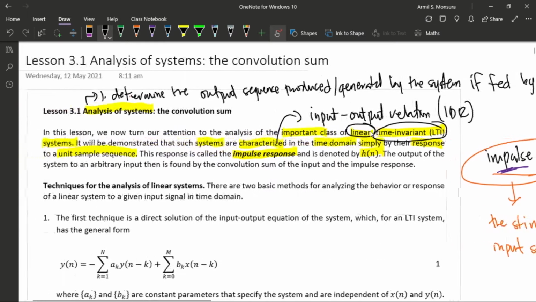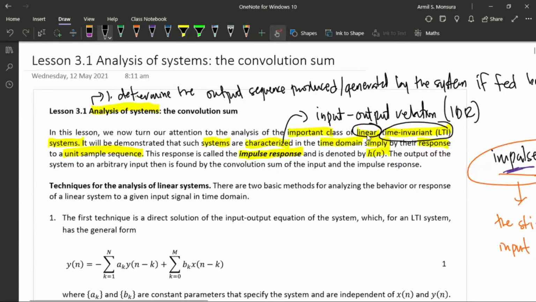So one of the goals of our analysis of systems is to allow us to compute the output sequence produced by our system whenever we are feeding or stimulating it with any arbitrary input.